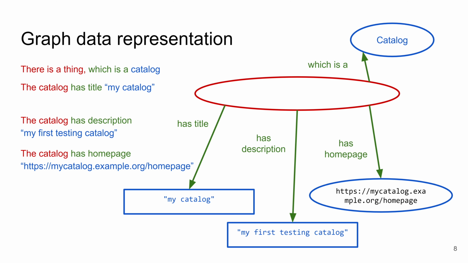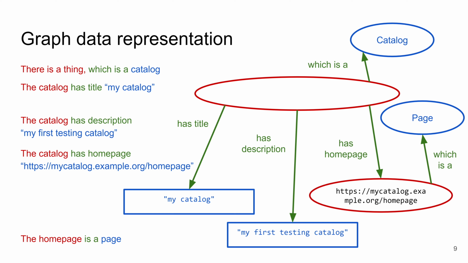And because it is a thing, we can say that this home page is a page, which is yet another edge in the graph. You may note that the label of this edge is the same as the first one, which is a. And there is a new blue oval representing the type page, or as we may view it, a set of all pages. And again, you can see how these simple statements or sentences on the left relate to a graph representation.